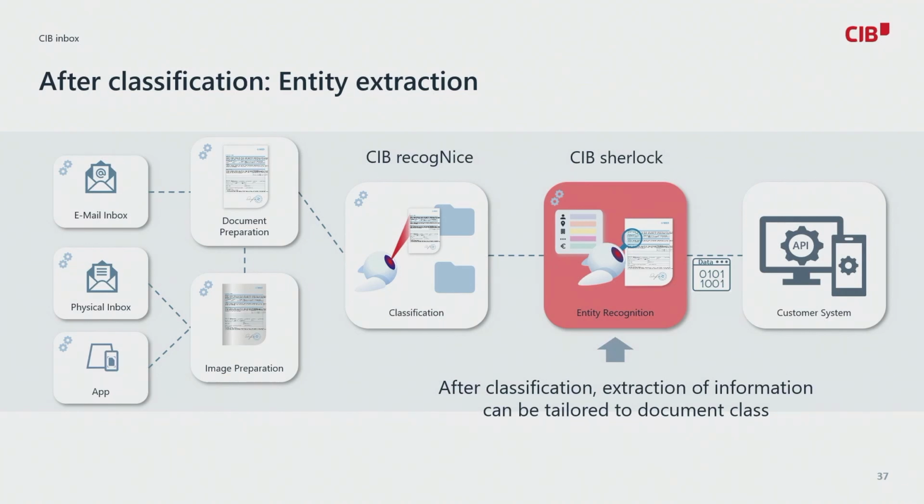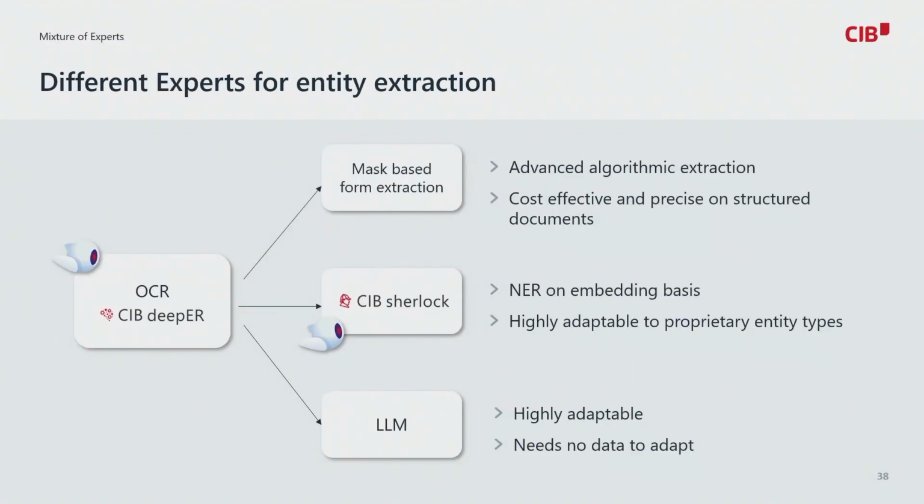It's my hammer, and I try to strike everything down with it. But we don't feel this is the correct way. So we built a multi-headed or mixture of expert classification system that, after the classification happened, we have the best expert for the type of document that is used.